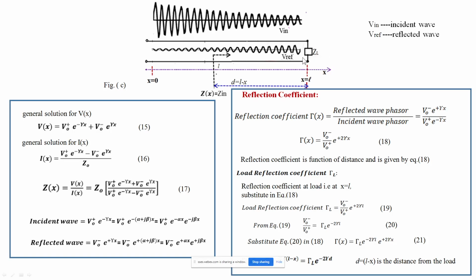But if there is a reflected wave generated at any position, it may be any position over this or at the load itself, if a reflected wave is there, that is a waste of energy. That means power is not delivered to this ZL. It is going back towards the source. So our intention is always to maximize the power delivered to the load ZL. But if it is not matched, automatically reflected wave will be generated.